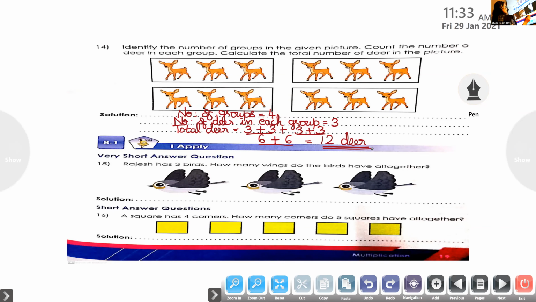Now, Rajesh has 3 birds. How many wings do the birds have altogether? 2 wings are there for each bird, isn't it?